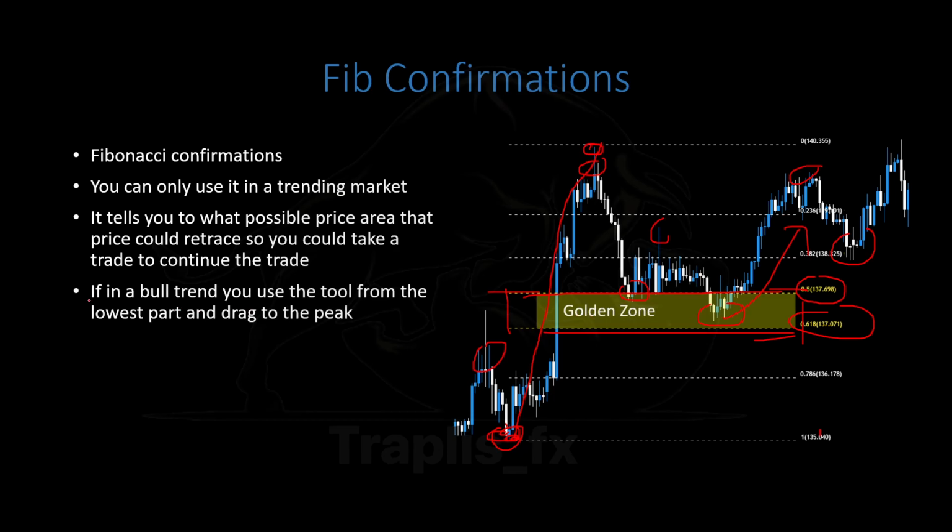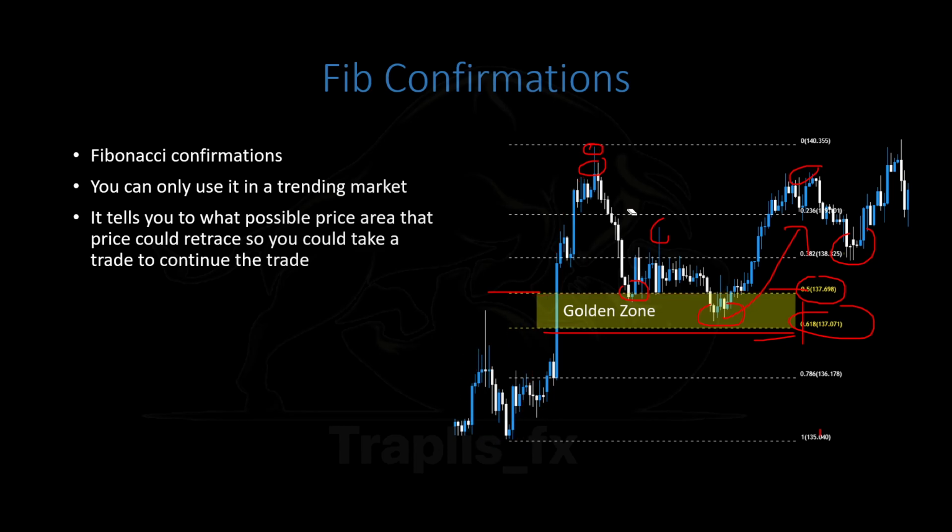Golden zones, like I said, if in a bull trend, you would drag the tool from the lowest to the top. Okay, so let's go back for a second and not worry about that just yet. Let me erase all of this and let's talk about the fib tool. Let's switch colors. Let's do green.